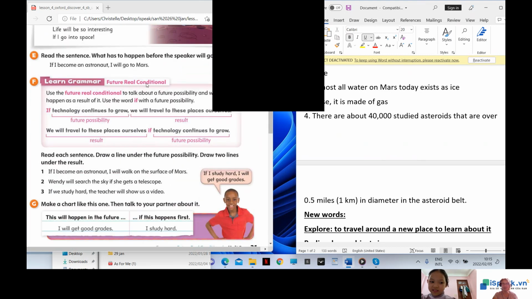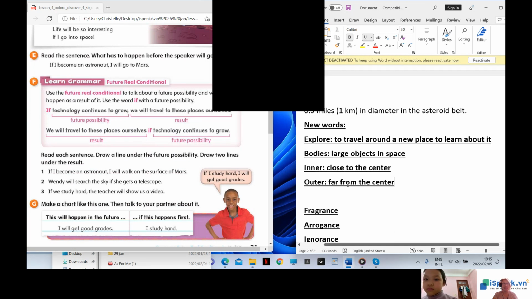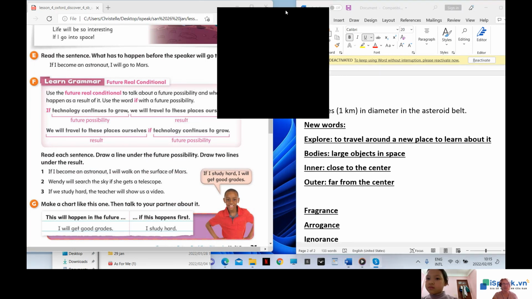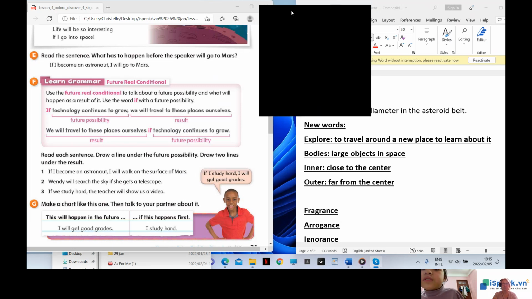So let's learn some grammar. The if. Can you read that sentence for me, please? If, the future real conditional. That's a difficult one. Let's see. Conditional. Yes.